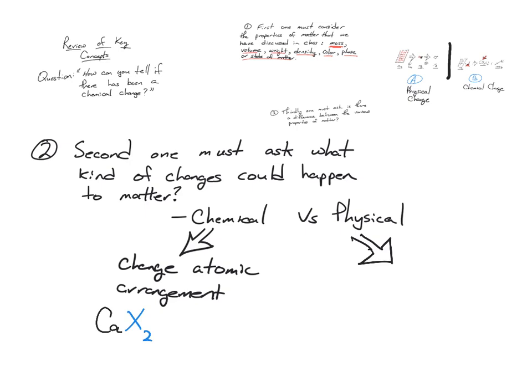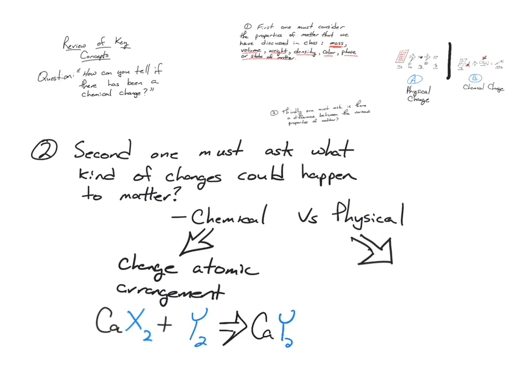What will happen is, for whatever reason, you mix it with some Y, whatever Y is, another variable. And what you get is, instead of calcium X, you get calcium Y.